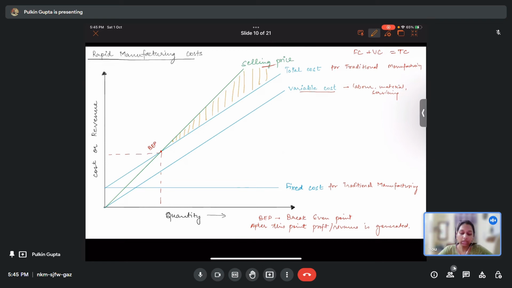Now, in case of additive manufacturing, your fixed cost increases. So your fixed cost will increase, like it will go to here. Fixed cost for additive manufacturing is associated with the higher cost of the equipment.